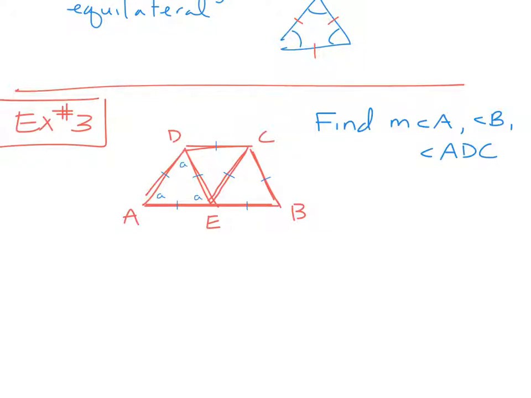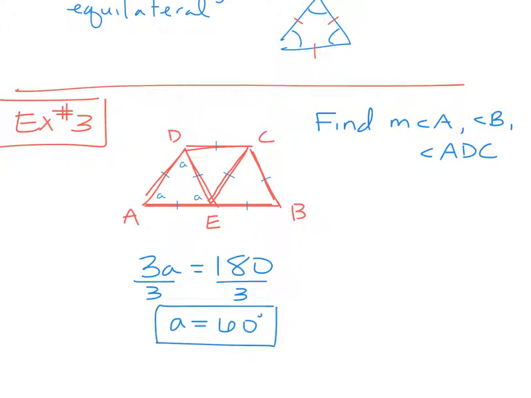How would we find the measure of angle A? It's 180 divided by 3. Right, you have 3 A's, so A plus A plus A, or 3 times A, should equal 180 degrees. So if you just divide by 3, then you'll get A equals 60.